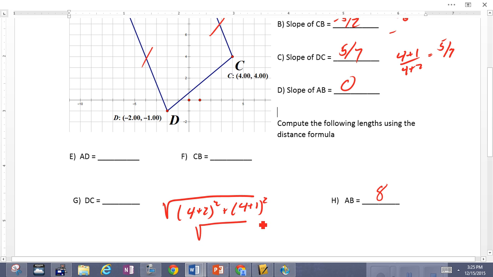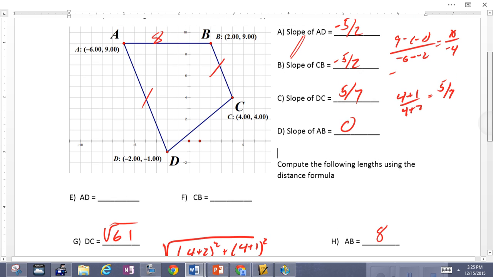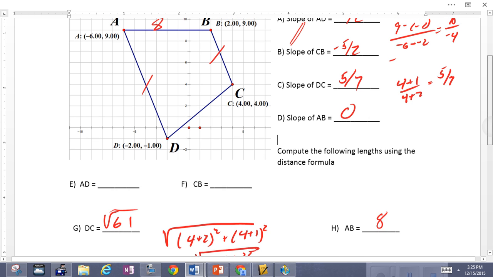So that's going to be the square root of 6 squared, which is 36, plus 25. So that is going to be root 61, and I can leave it at root 61. It's certainly not equal to 8. If it were root 64, it would be equal to 8. So I'm concluding that at best this is a trapezoid, not an isosceles trapezoid.